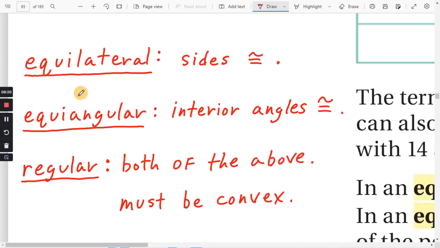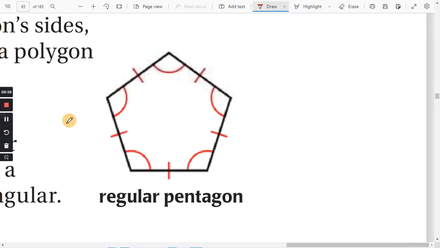For an equiangular polygon, the interior angles are congruent. And a regular polygon is both equilateral and equiangular. And it must be a convex polygon. In other words, no dents. So this right here is a regular pentagon. Notice they marked all the interior angles congruent, and they also marked all the sides congruent.